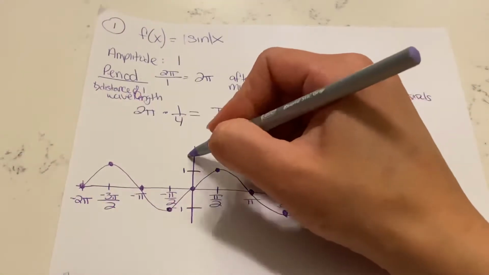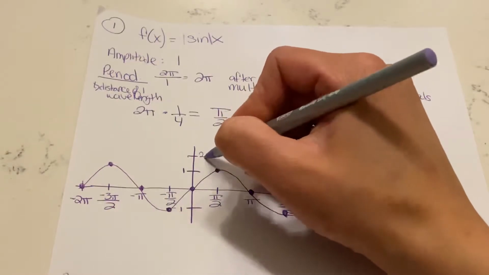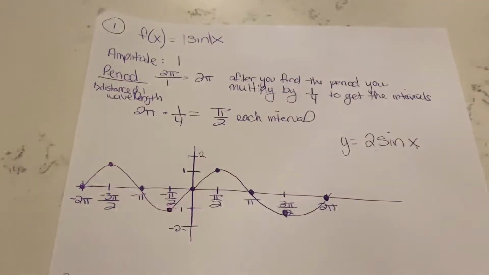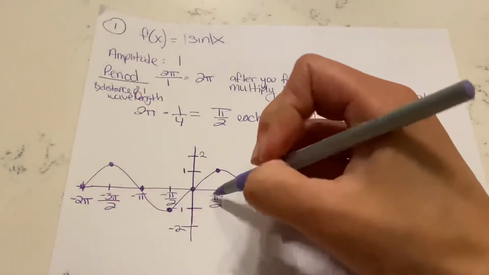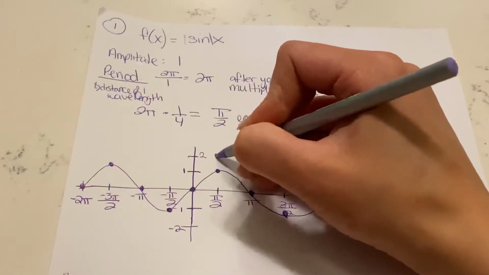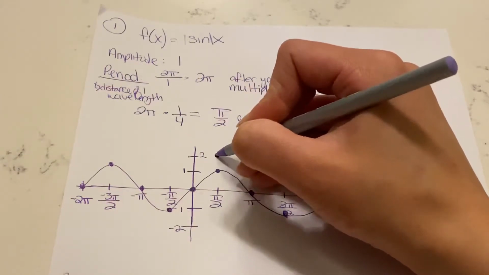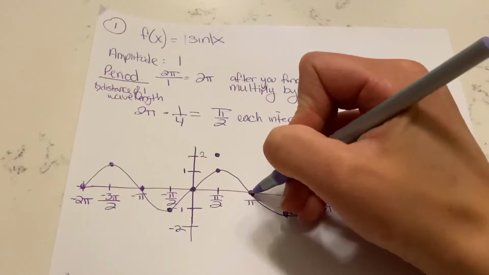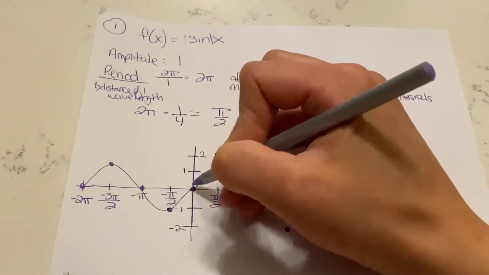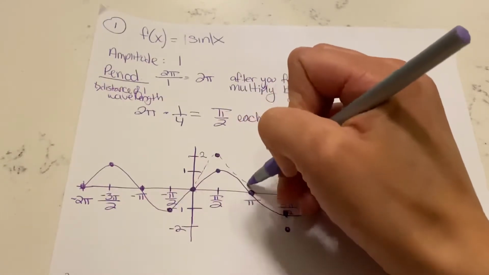So I'm going to label this 2 and go down to -2. I'm going to have the same points, and I'm still going through the origin, but now it's going to be steeper. It goes up to 2, down, and then down to -2, and comes back up. So now this is the new one.